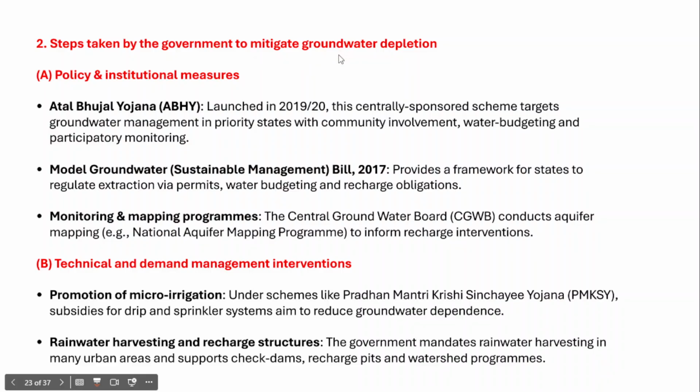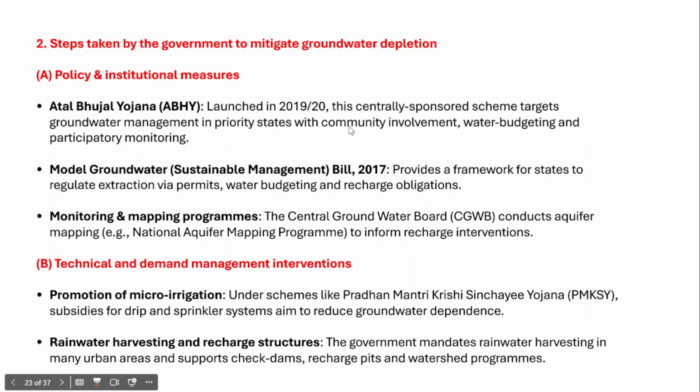Now, in fact, the Atal Bhujal Yojana scheme has been launched in the year 2019-20. The Atal Bhujal Yojana focuses on groundwater management in some priority states. It also involves the community at the local level.